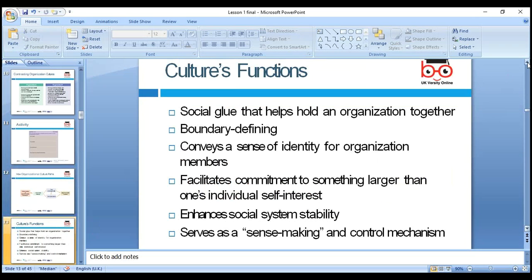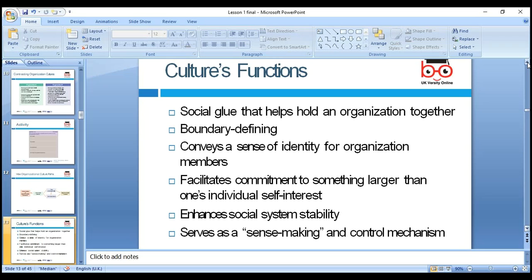Okay, next now we look at the cultural functions. Of course, it's social. They have to hold the organization together. Boundary defining, conveying a sense of identity for organization members, and facilitating commitment to something larger than an individual's self-interest.